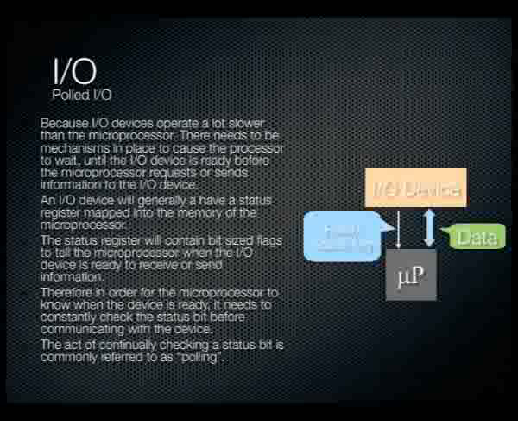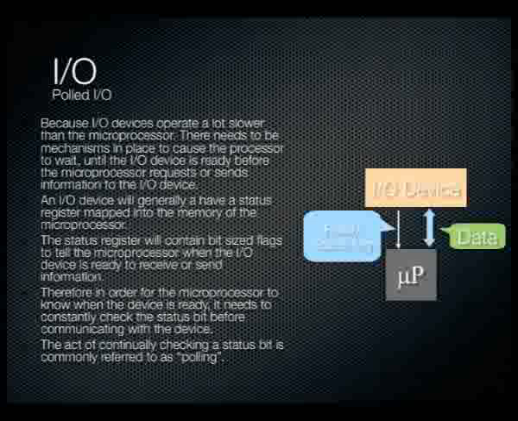So the status register for that particular device will contain a bit-sized flag to tell the microprocessor when it's ready for some new I/O, whether it's ready to send I/O back or ready to receive a bit more I/O. So in order for the microprocessor to know when the device is ready, it needs to constantly check the status bit before communicating with the device.